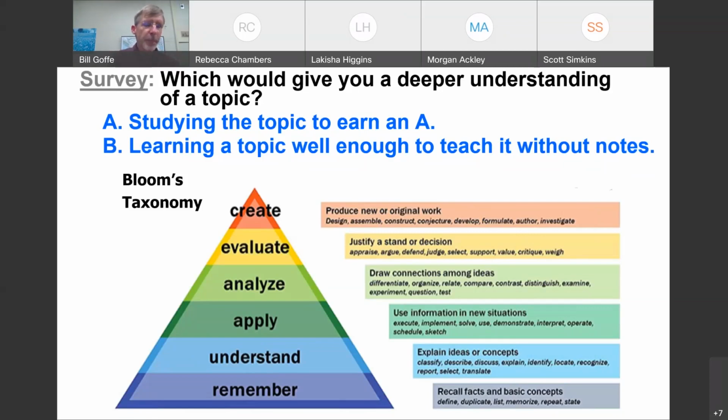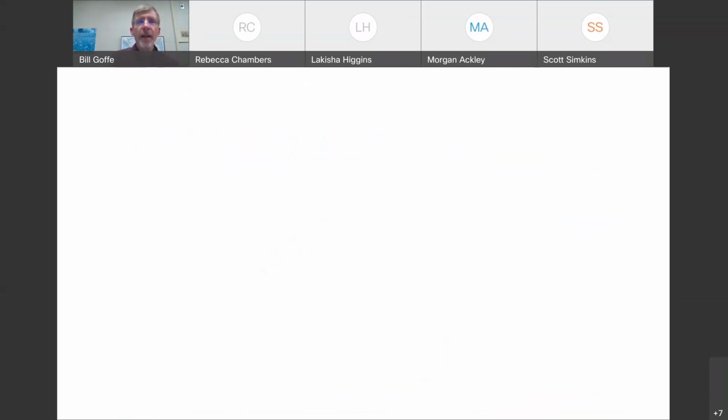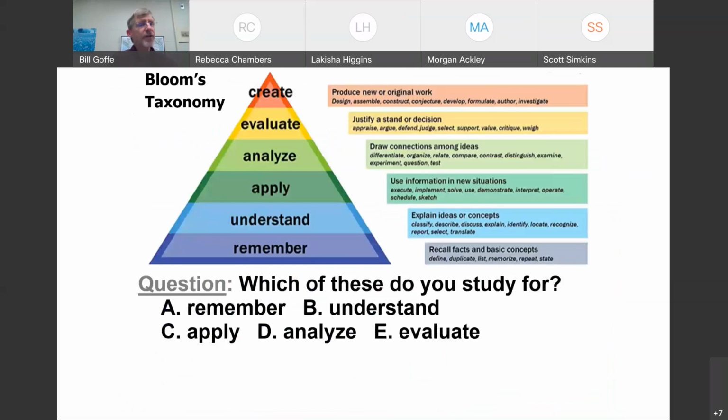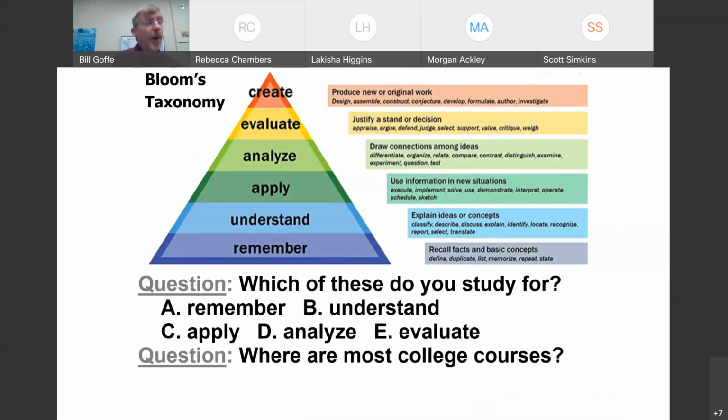So I described Bloom's taxonomy to students. Then I asked the following question to them, same setup there: which of these do they study for? My students tend to orient around B, to understand things. Then I next asked them, where are most of your courses?